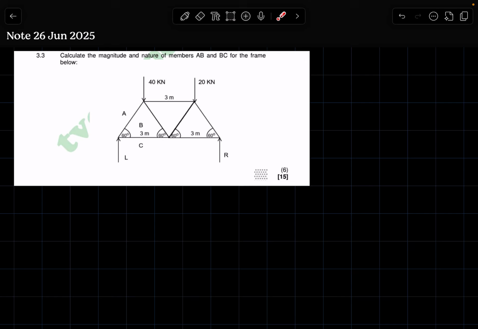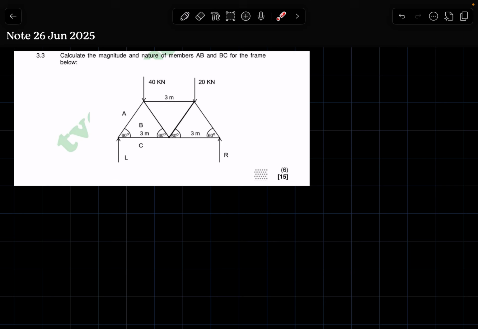For problems based on roof trusses, in fact any problem based on forces, you have to look at whether the system of forces is in equilibrium or not.